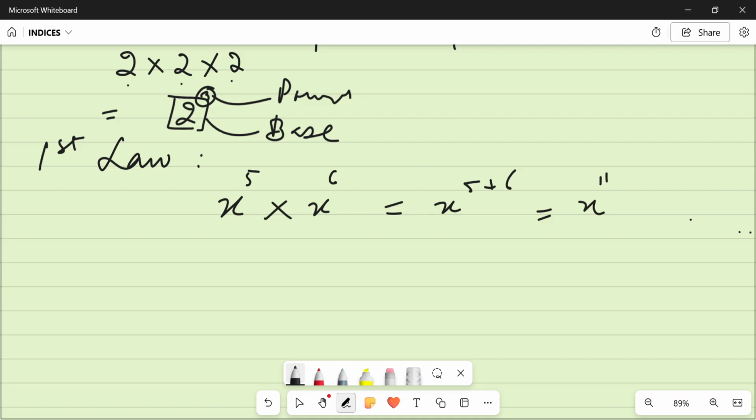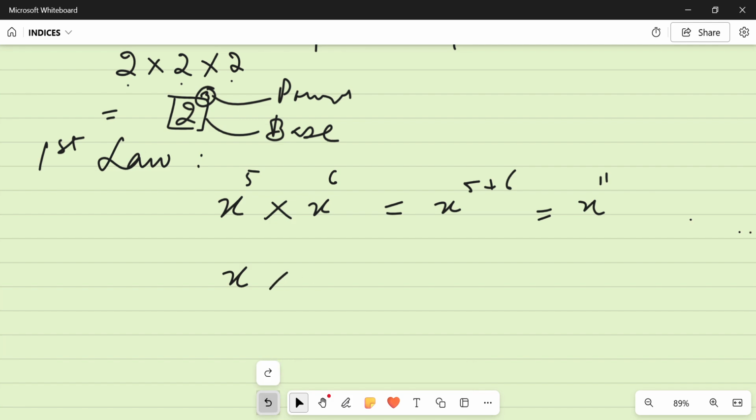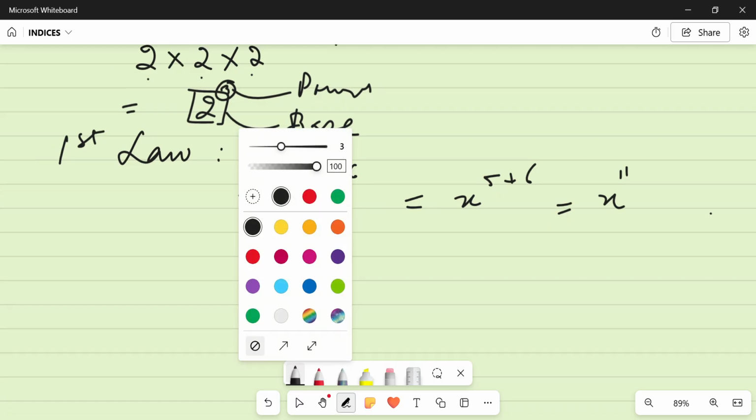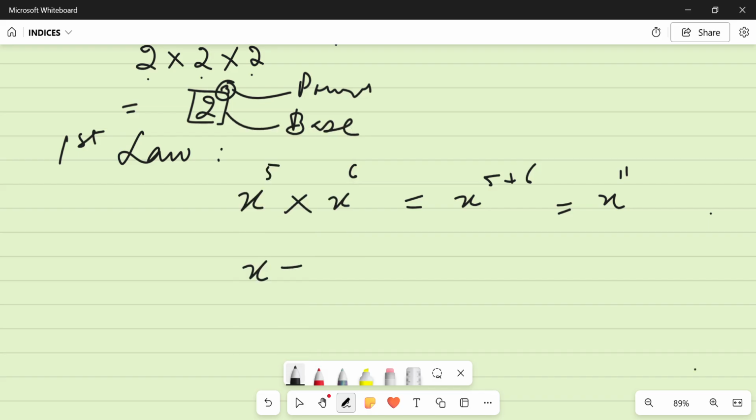The second variation of the first law is the division. If I take the same example, x times, sorry, it's a division, okay? So if I take x divided by x, and here the powers I can take 10 and 5, right?